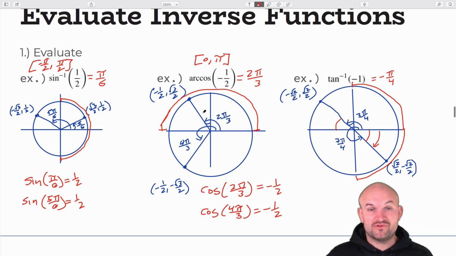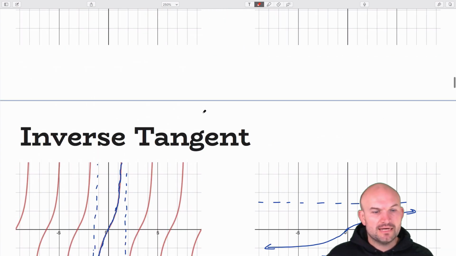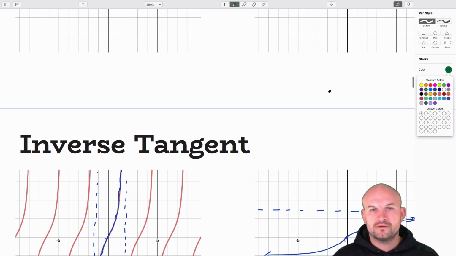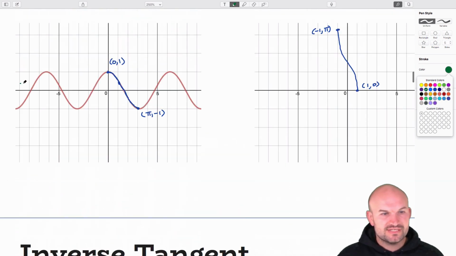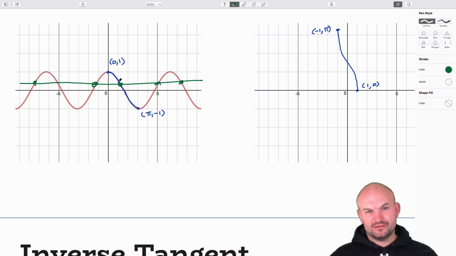And actually, this is a really important point that I'll drive home, let's do a green. Like when you're looking at cosine, there's infinitely many answers when x equals 1/2. But there's only one answer within that restricted domain that meets it. That's why that works, okay?